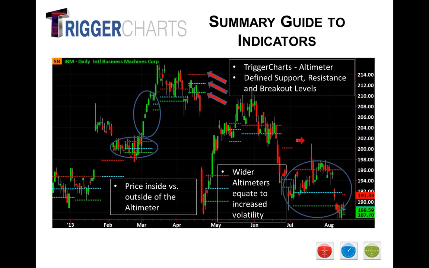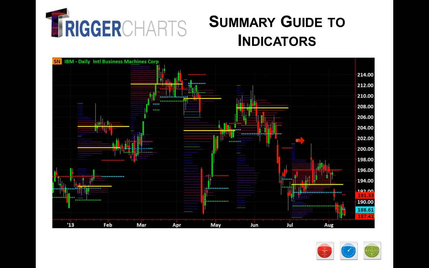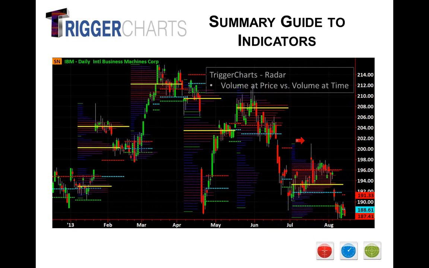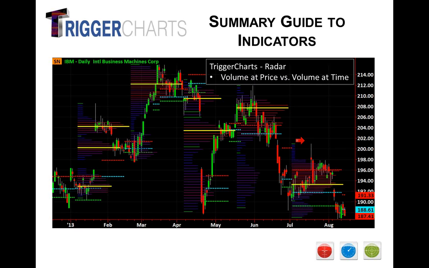that's when you attack. Now when you combine that with the radar, this is where the volume is turned on its side. We're finding now the volume at price, where is the volume coming in at what price? Traditionally, what you find is that volume simply is just a daily measure or a 60-minute or a weekly.